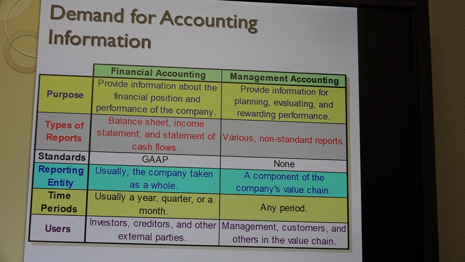You don't see much monthly reporting. It's just too expensive. The users, that's a big difference. The users of financial statements primarily are third parties who are not involved in the day-to-day operation of the company: investors, potential investors, creditors, regulators.